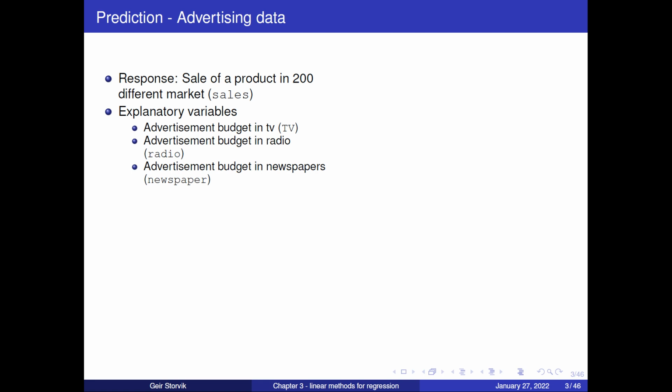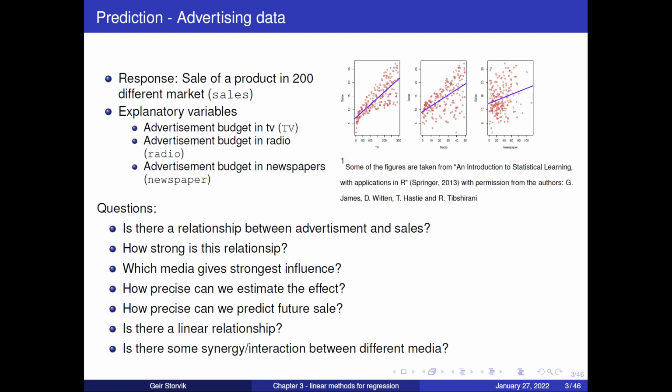We will make it somewhat practical, in that we will illustrate it through one of these examples that we have seen earlier, a quite simple example where we are interested in a numerical response, which is the amount of sales of a specific product in different markets. And we have 3 explanatory variables, which are different types of advertisement made, either on TV or radio or in newspapers.